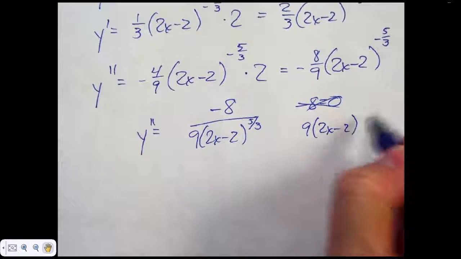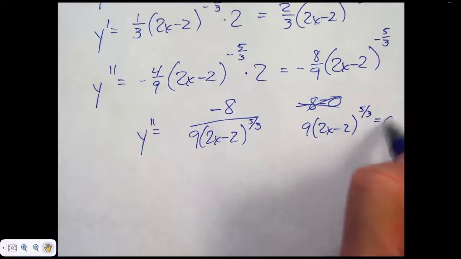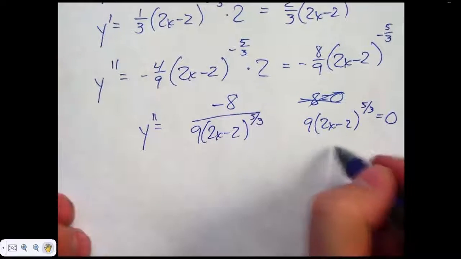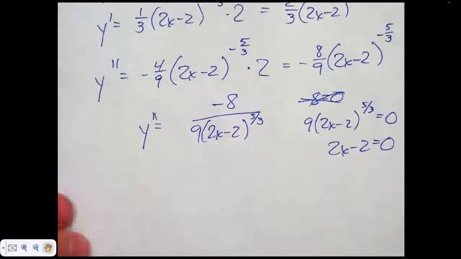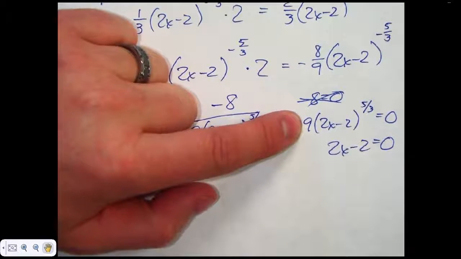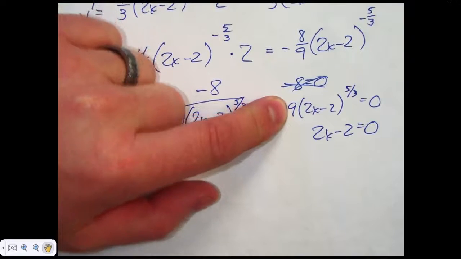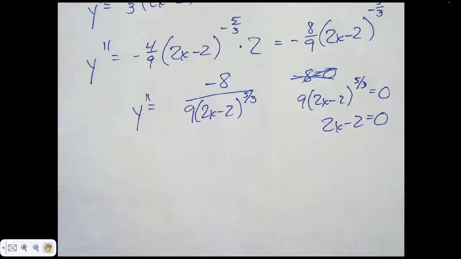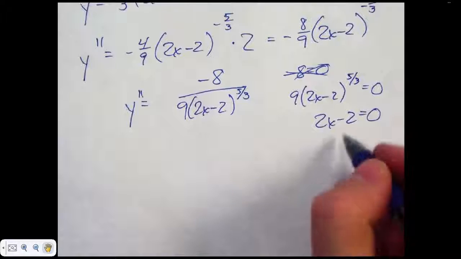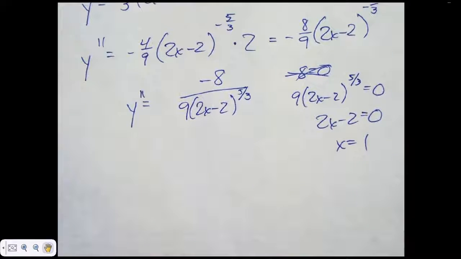Set the bottom equal to 0, and this is where it's really nice that everything just goes away. Basically, this is just 2x minus 2 equals 0, because the 9 will cancel and the 5/3 will cancel. So I get x equals 1 as my critical point. What's next?